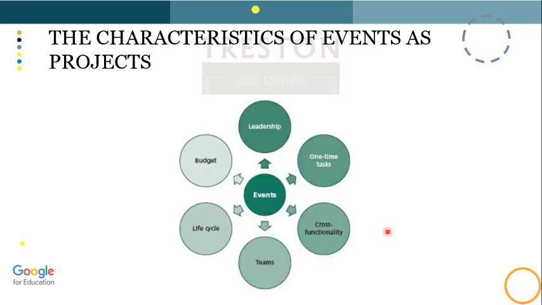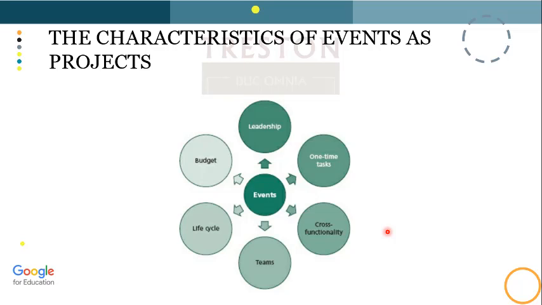You could see here in the slides the characteristics of events as projects. At the center of the event, you would see different branches of duties and responsibilities. You would need a leadership team. Maybe some of the employees or the team would have a one-time task only, a very specific task just for that particular event.